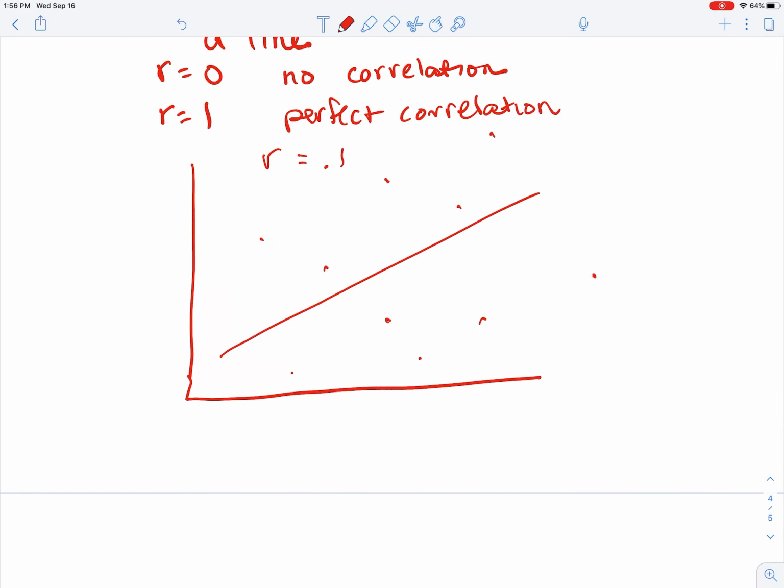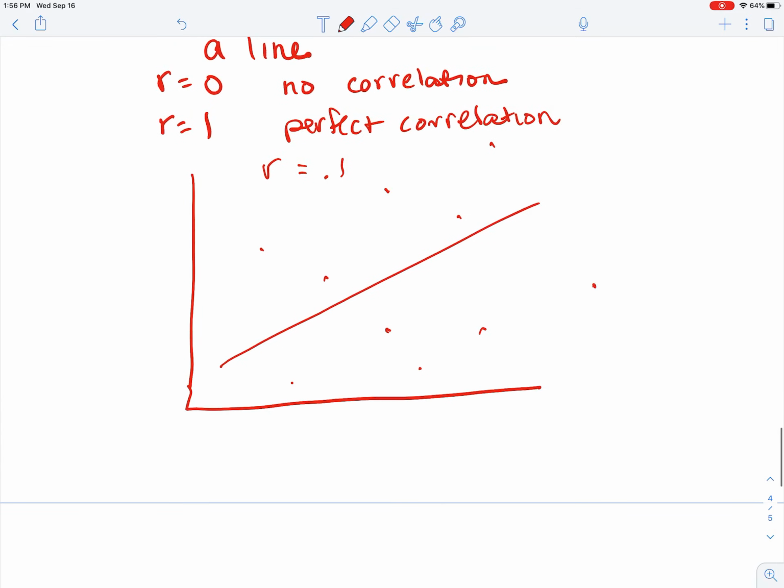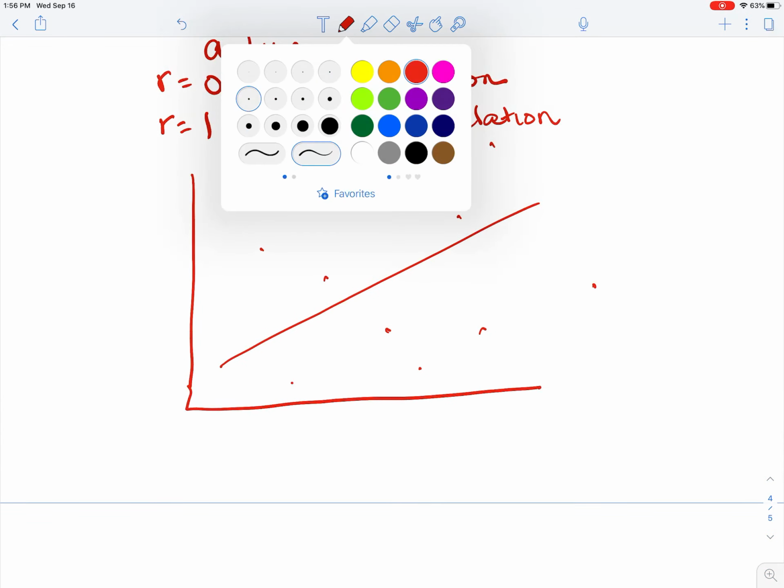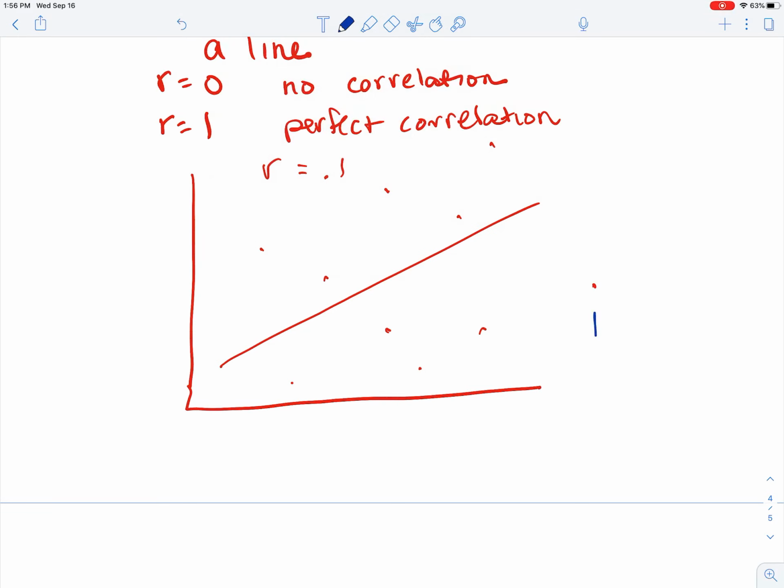Whereas, if I look at, I'm running out of space. I made that too big. Let's just go with a different color. If I look at this graph, here's my line, and here's my points. Maybe there's even one on the line.